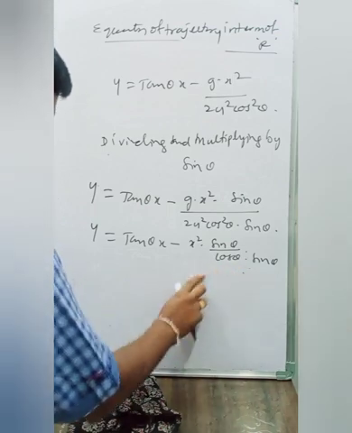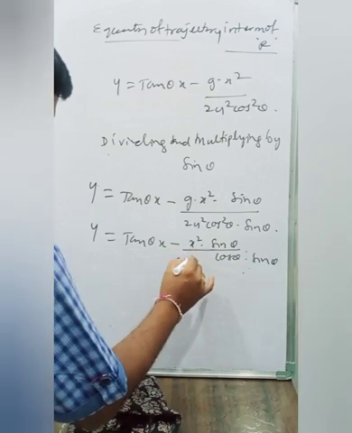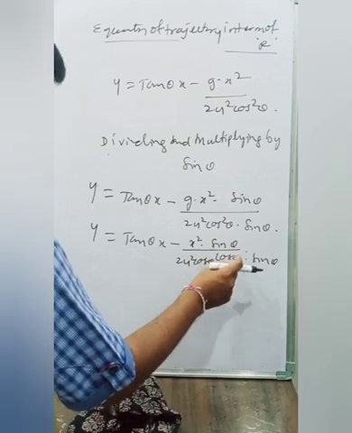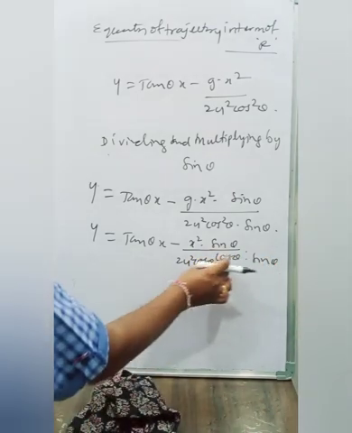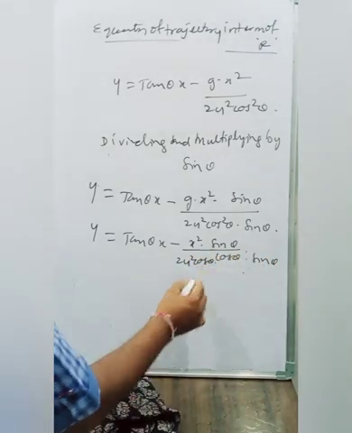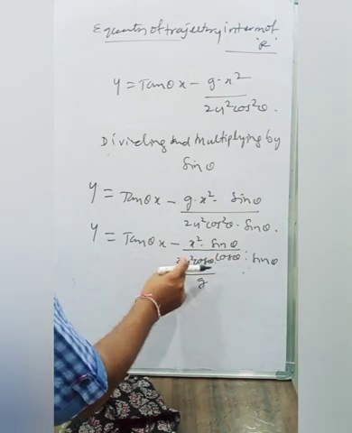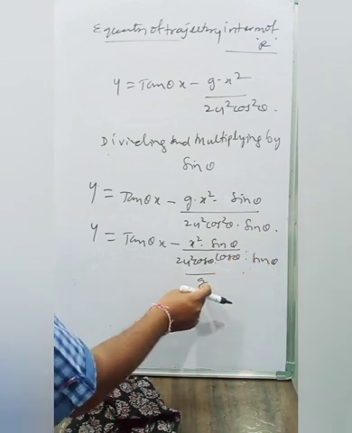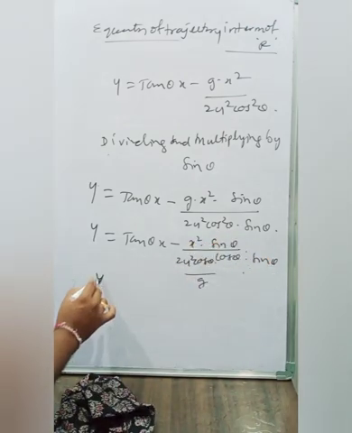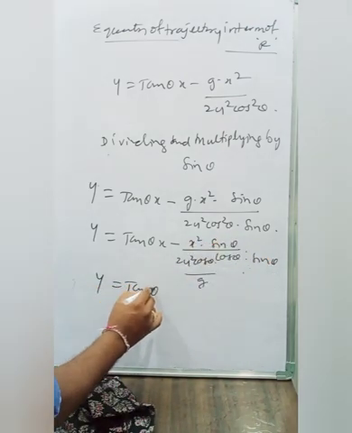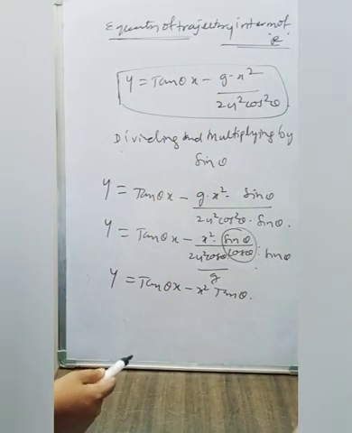This is nothing but 2 u square cos theta into sin theta, and by g it gives the range. So y is equal to tan theta x, the trajectory in terms of r.